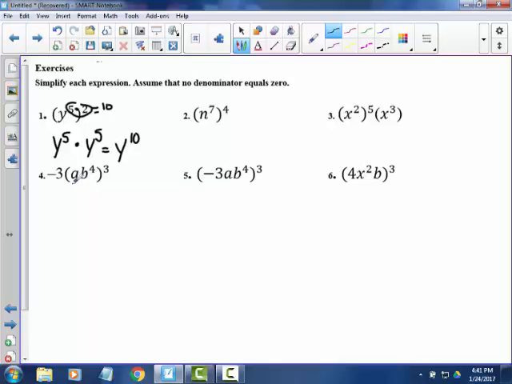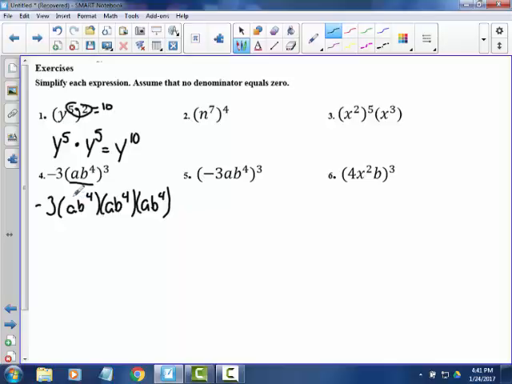And then the same here. We've got to the third power for this parenthesis. So we're saying take ab to the fourth power, and we could literally write it 3 times. We could say -3 times ab to the fourth times ab to the fourth times ab to the fourth.